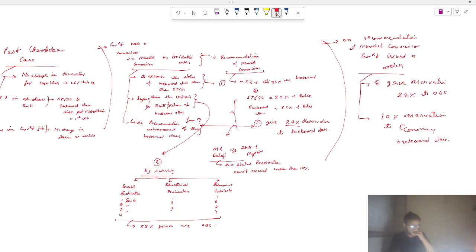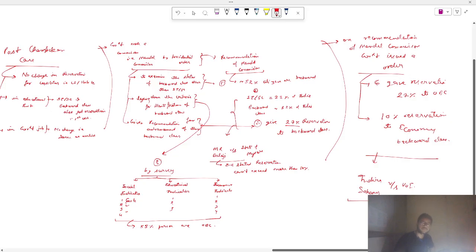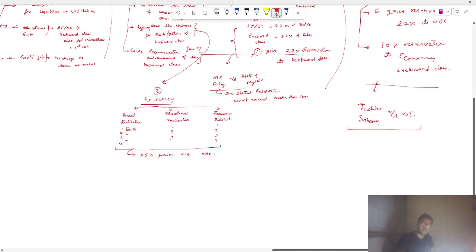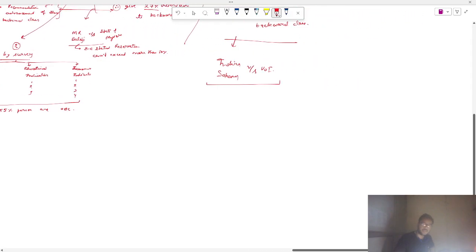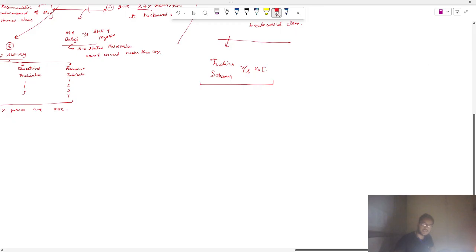Now, in contrast to this, the case went to the Supreme Court of India because they also breached the 50% limit of the Supreme Court in the case we discussed earlier. So, in the case of Indra Sawhney versus Union of India, various arguments were raised. What questions were asked in this case? Let's discuss.